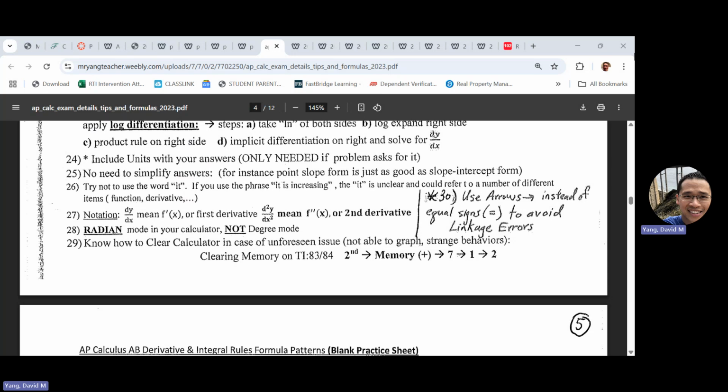And then we can use the Pythagorean theorem. And then we want to find secant of theta. So secant theta is going to be hypotenuse over adjacent.